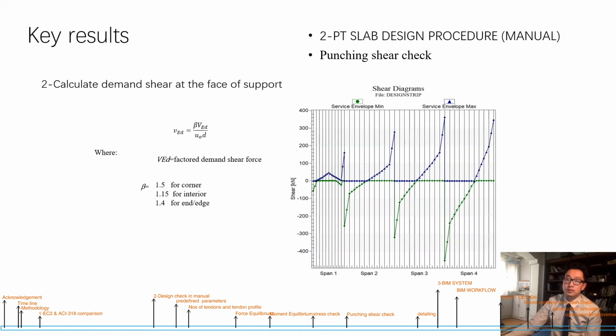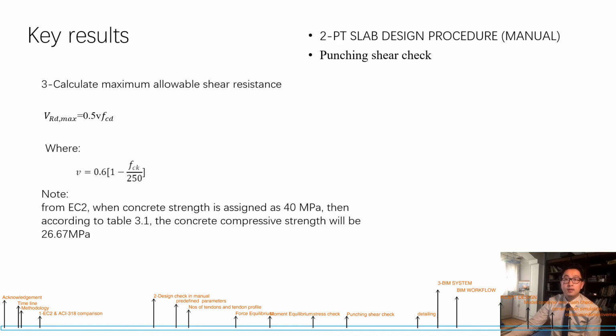After we get the control section parameter from step 1, we can apply the step 1 result into step 2 to find out the demand shear at the face of support by using this formula, and also using the shear SFD from the PTRC software.